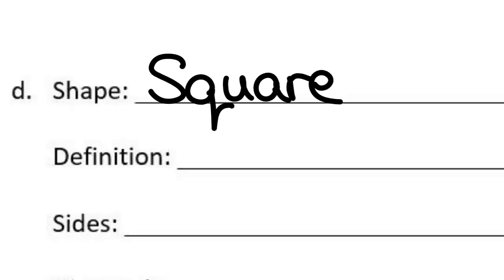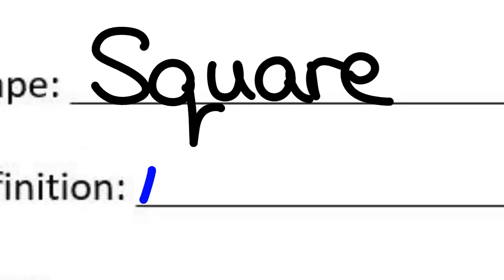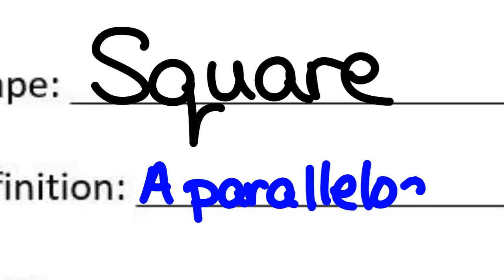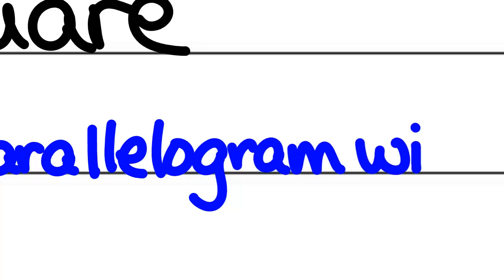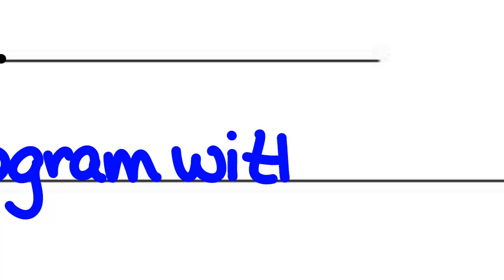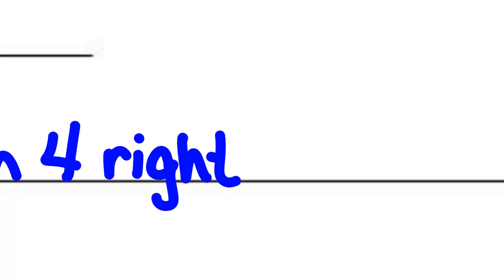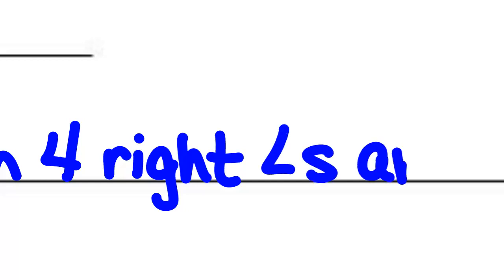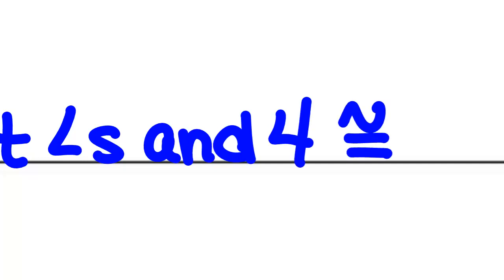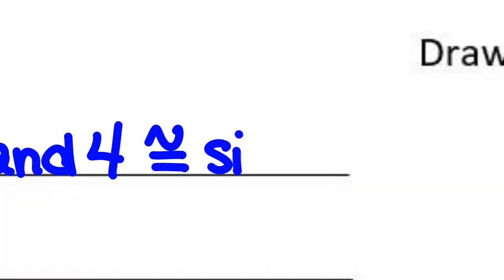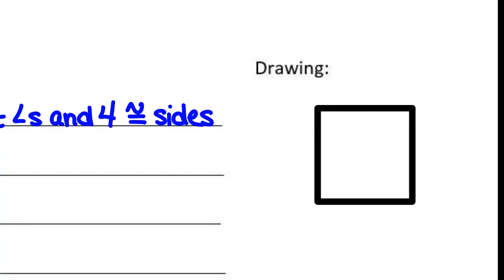A square is a parallelogram with 4 right angles and 4 congruent sides. And begin my drawing here.